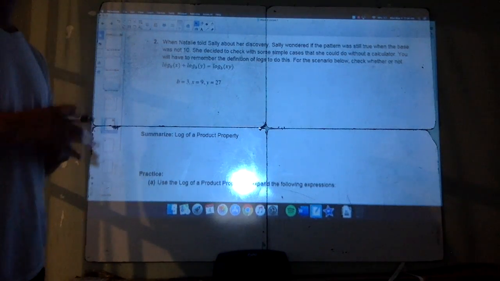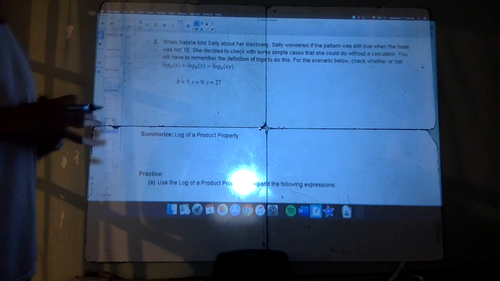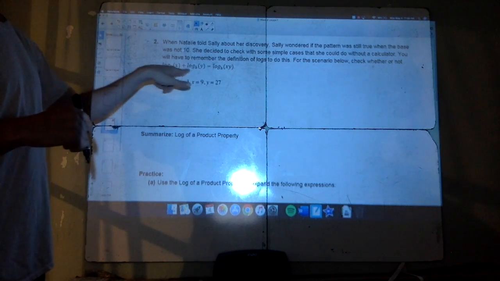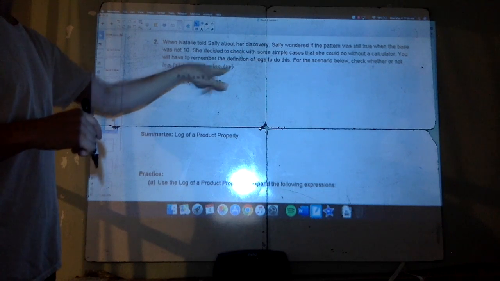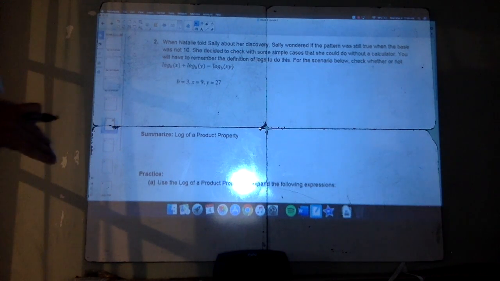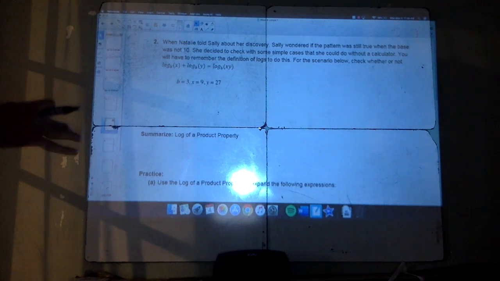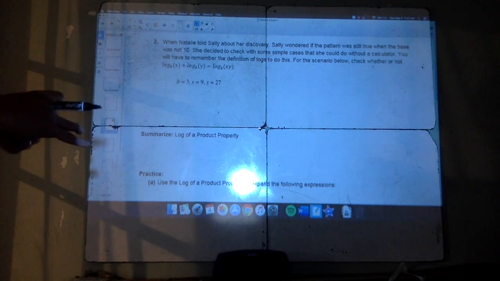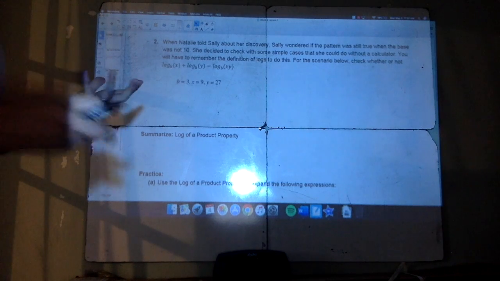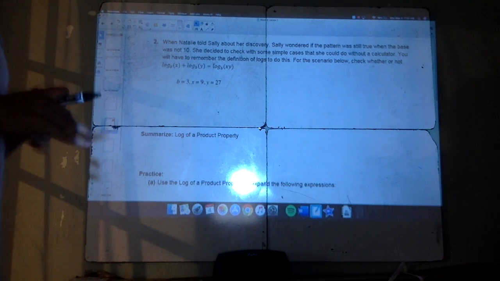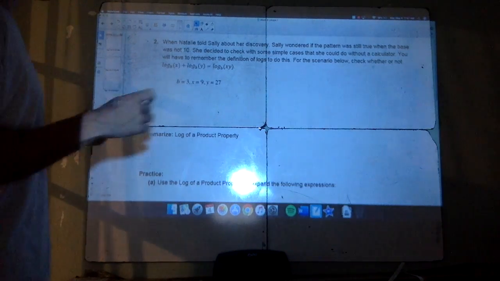So let's test this out with some new numbers. So we have log base b of x plus log base b of y equals log base b of xy. So we want to see if it's true. What if the base is not 10? So we're going to see if this is true by using our definition of logs, by rewriting it.